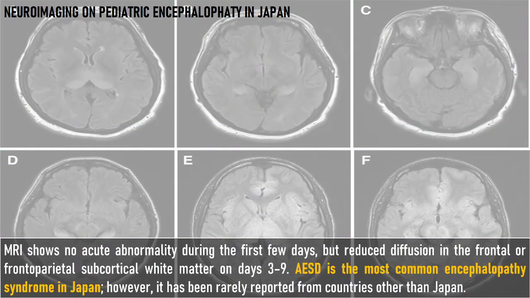MRI shows no acute abnormality during the first few days, but reduced diffusion in the frontal or frontoparietal subcortical white matter on days 3 up to 9.